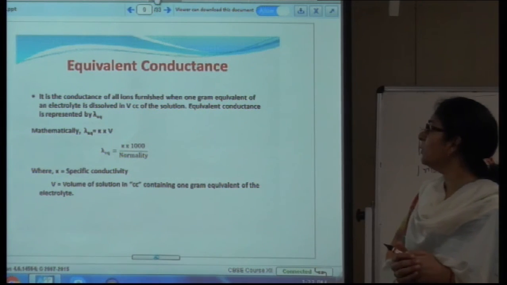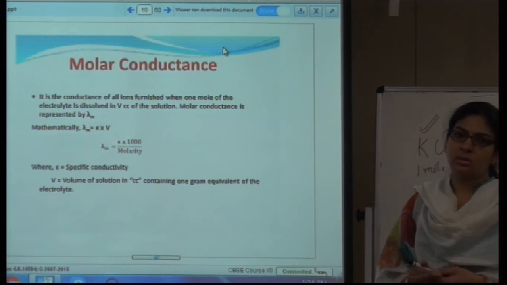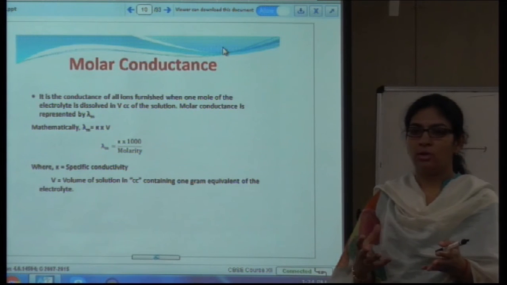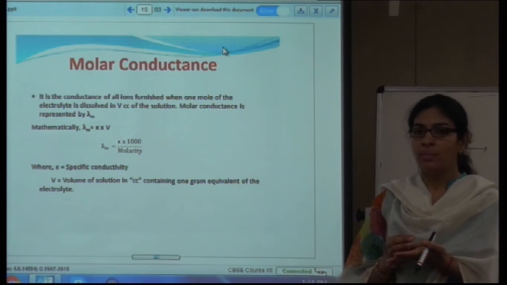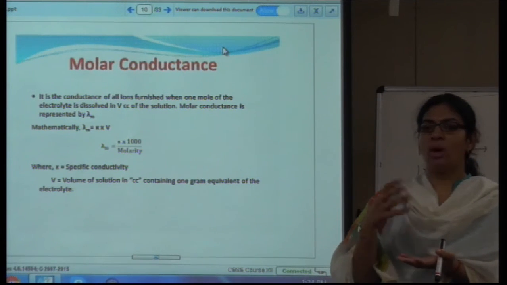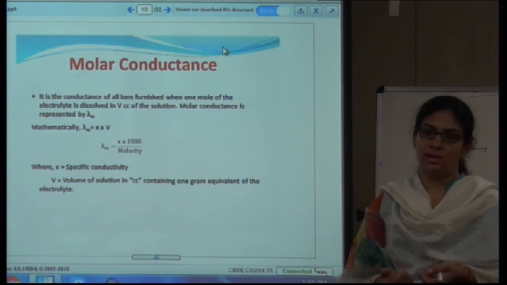Next slide please. Similar to equivalent conductance, you have molar conductance. If instead of 1 gram equivalent you take 1 mole of an electrolyte, you will call it molar conductance, right?